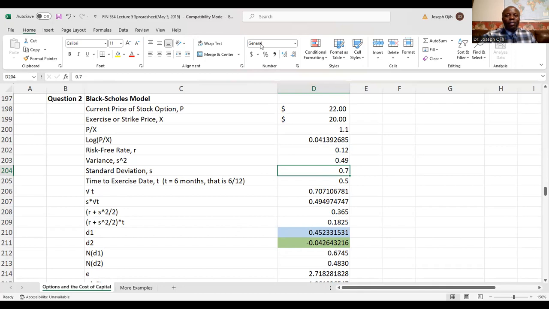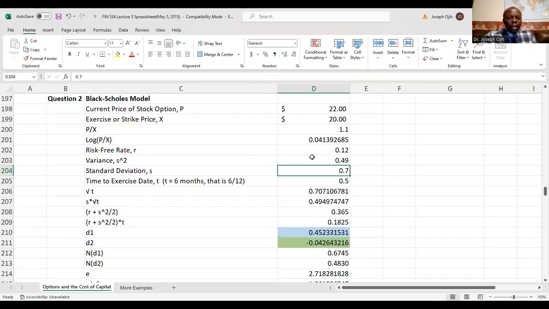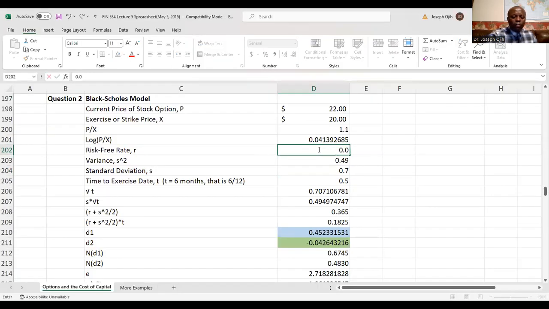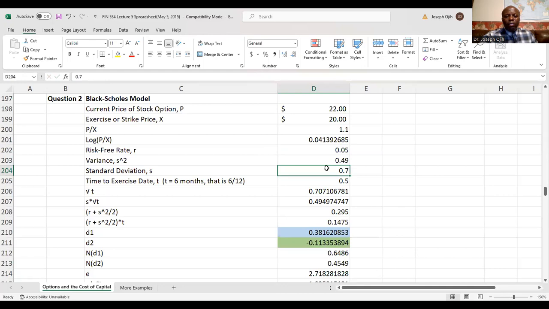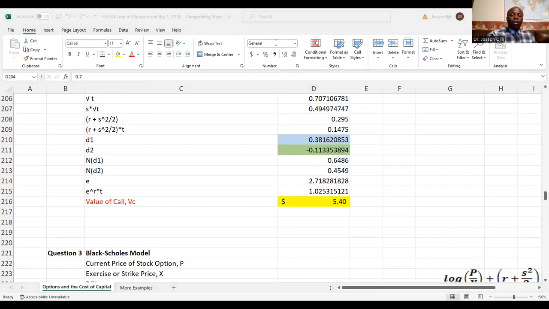Yeah, I didn't change the risk-free rate. That's why. They gave us the risk-free rate as 5%. So let's go and put 5% for the risk-free rate, 0.05. And then see, it will balance at $5.40. You can see right here. And that's exactly what I have on our PowerPoint.